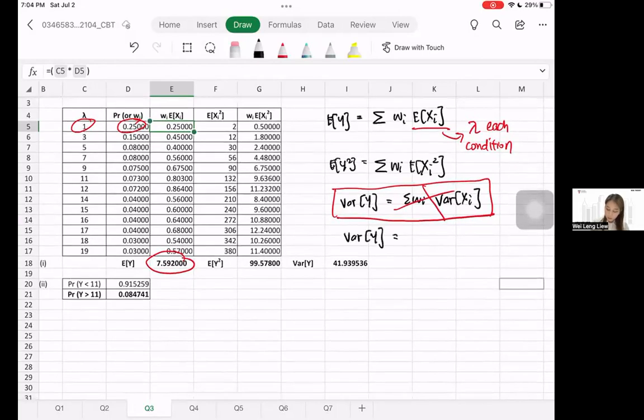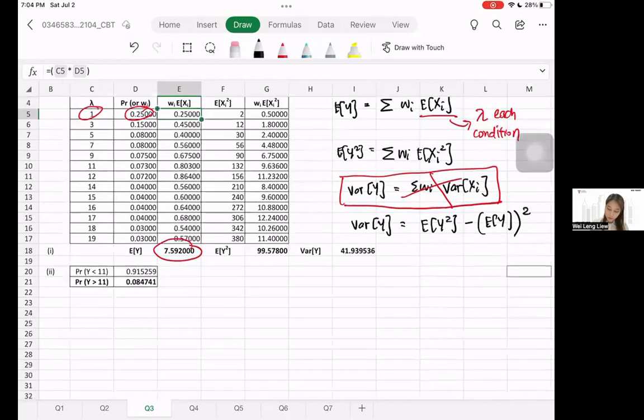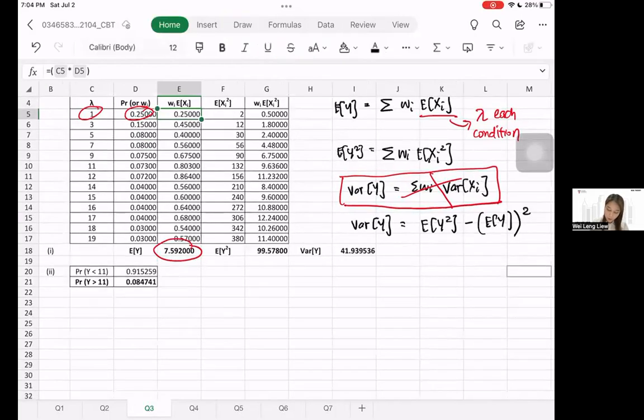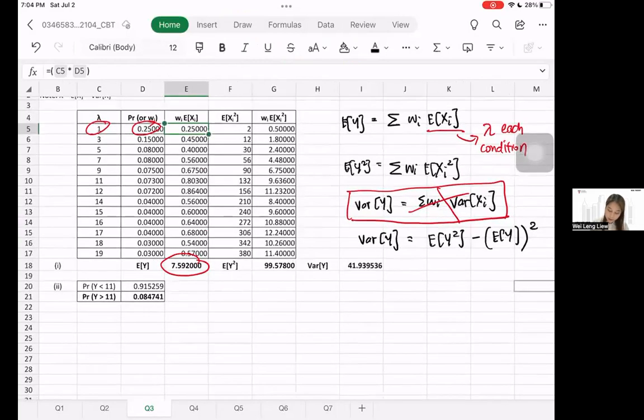Variance of Y equals the second moment of Y minus the mean to the power of 2. So in order to get the variance of Y, the same procedure applies: we get the second moment of the individual Xi's, and then we multiply them with the weights, which is the probability, to get weights times individual second moments.